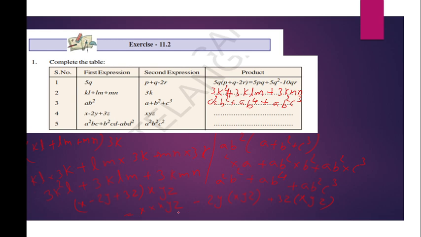Now what is the answer? x into x square yz minus 2x y square z plus 3x y z square. We'll write it as it is: x square yz minus 2x y square z plus 3xy z square.